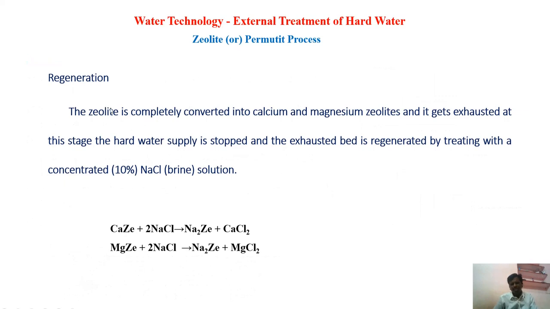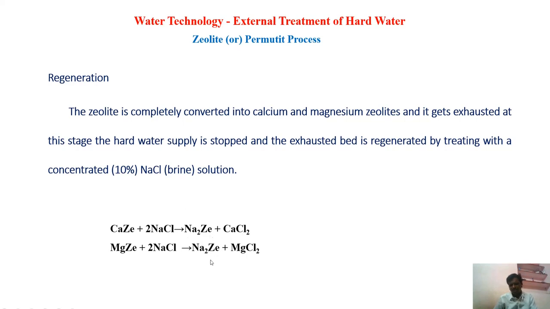Next, the surface of the zeolite is now saturated with calcium and magnesium ions. After saturation, we cannot continue this process. To continue, we have to regenerate the sodium ions in the zeolite bed. So we have to wash it with sodium chloride. The calcium and magnesium salts are removed as their respective chlorides, and sodium ions are reproduced on the surface of the zeolite.